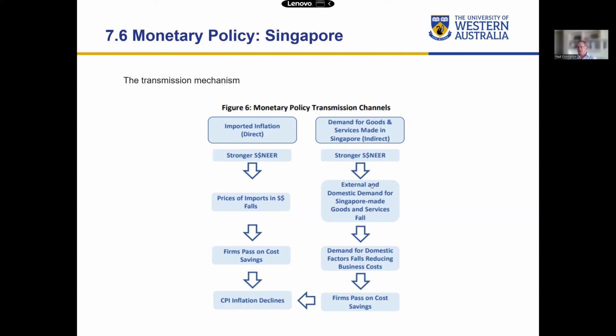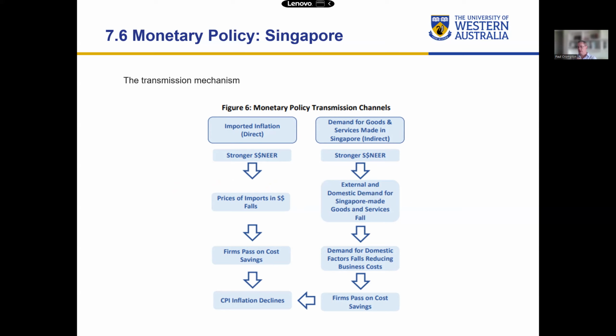And now we've got domestic demand for Singaporean-made goods and services falls. That is actually an increase in imports, or it will cause an increase in imports, because if domestic demand for Singaporean-made goods and services falls, then that spending would move away from Singaporean-made goods and services into foreign goods and services.